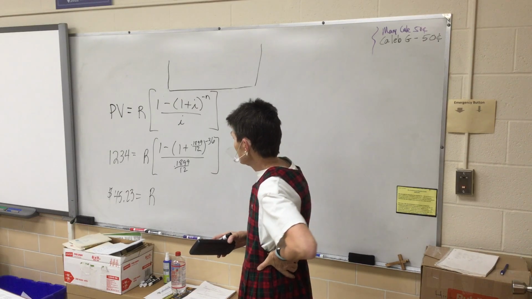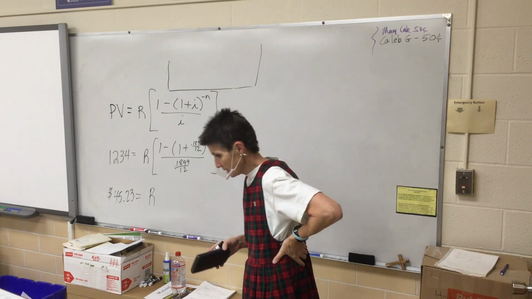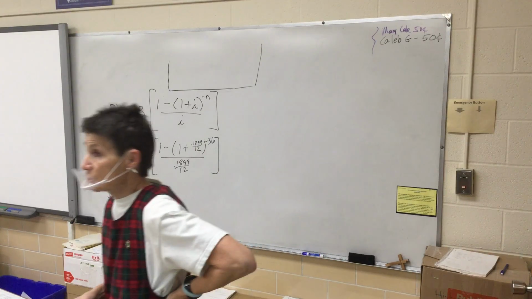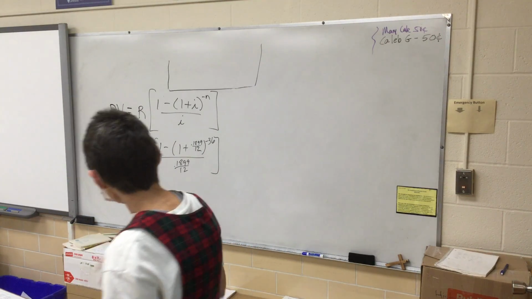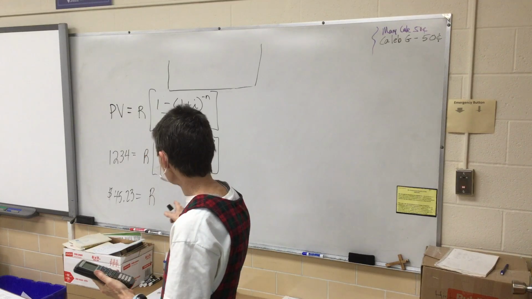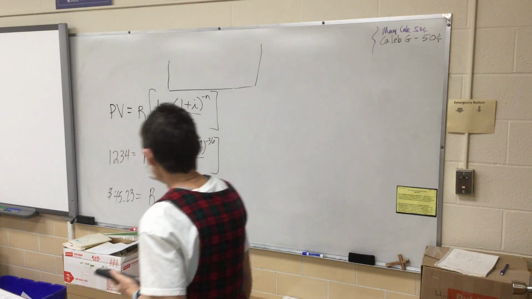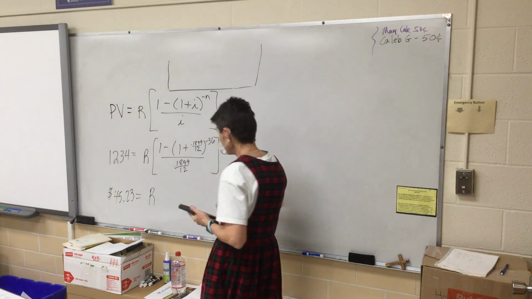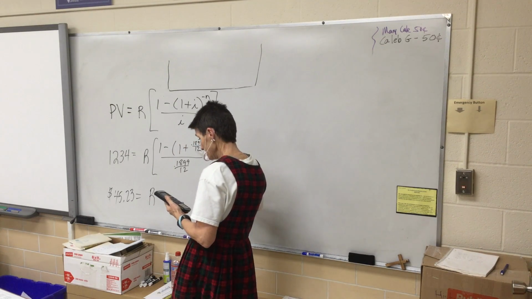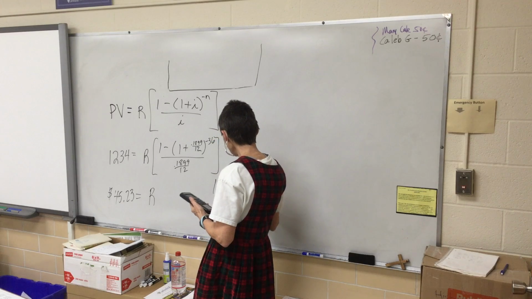So let's see how much this person would have paid total. So in other words, we're gonna pay $45.23 times 36, okay? So the total amount that we've paid is $1628.28.